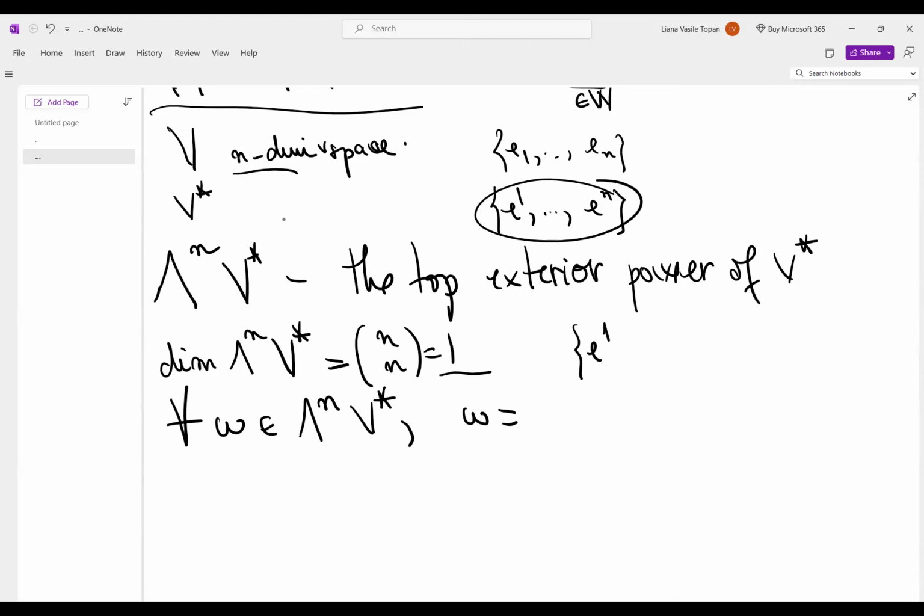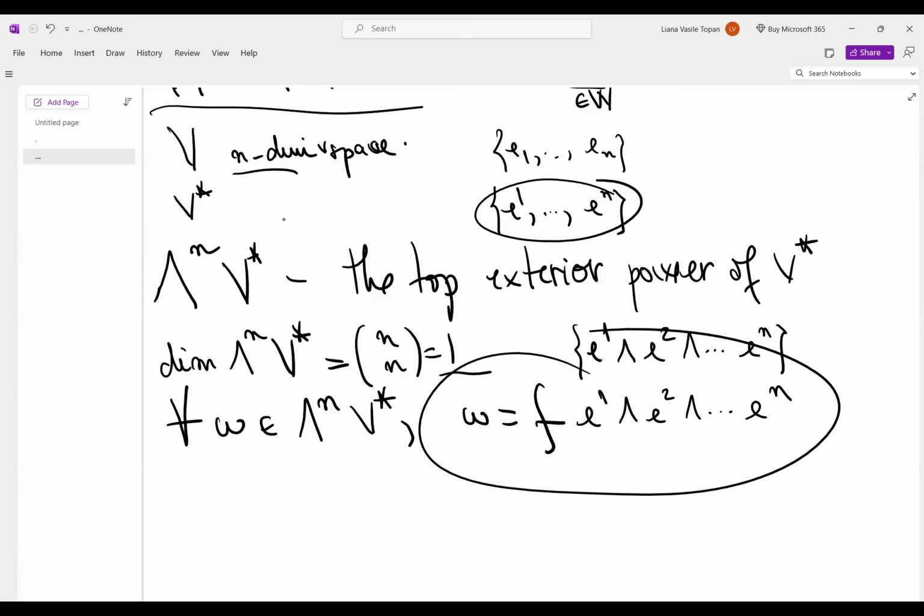So you have one single vector in the basis here, e1 wedge e2 wedge ... wedge en. So every alternating n-form on V star will be f, some function, times e1 wedge e2 wedge ... wedge en. Okay, we are going to need this.